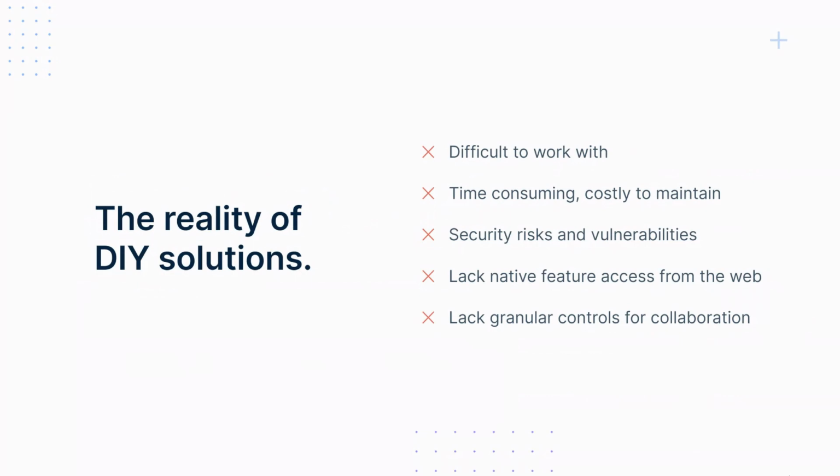And then, you lack native feature access from the web in a seamless way in terms of APIs and the way that you can expose these to your web developers. And in terms of granular controls, so making sure that your teams don't step on each other's toes while working in the same mobile app is really a wild west at this point.